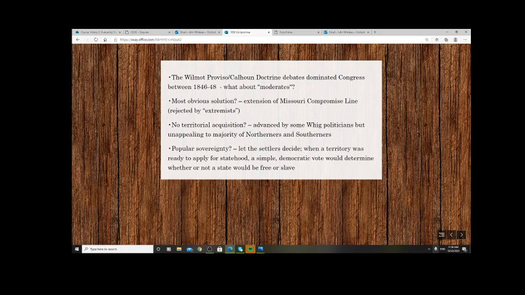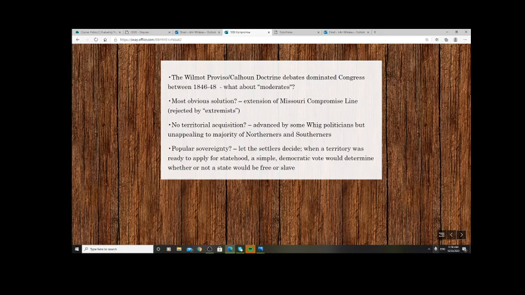Now, sounds like a great idea, sounds inherently democratic. There are some problems. The main one being, what about corruption? Because who really is a member of this territory? People could come into the territory, say they're living there, and leave.